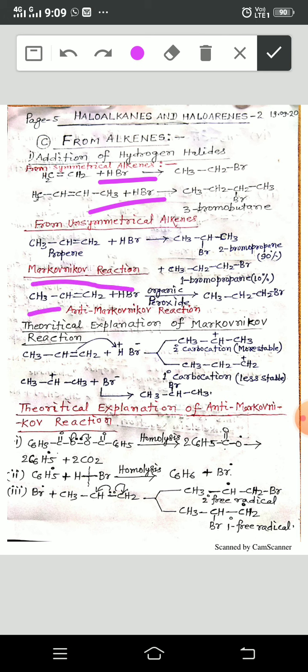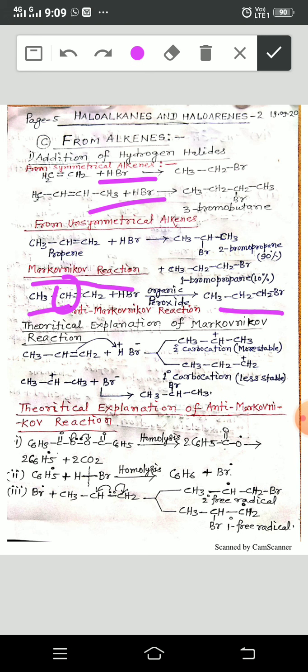In the case of symmetrical, there is no problem, but in the case of unsymmetrical, Markovnikov's addition rule is followed. In Markovnikov's addition, the negative part of the HBr, that is Br minus, will go to the carbon atom which has the least number of hydrogen atoms. So in this case, the Br atom will attack the middle carbon atom of propene.